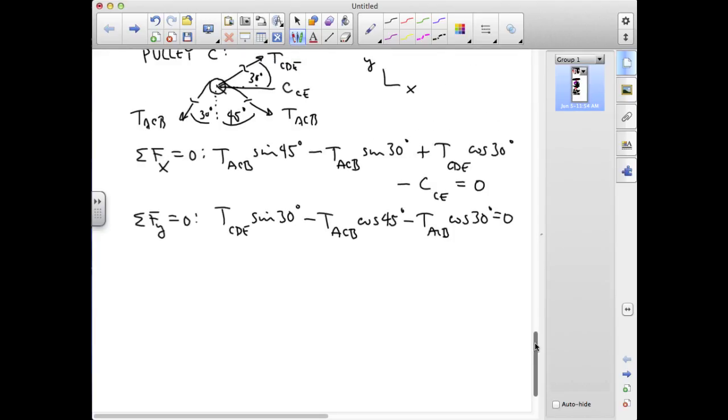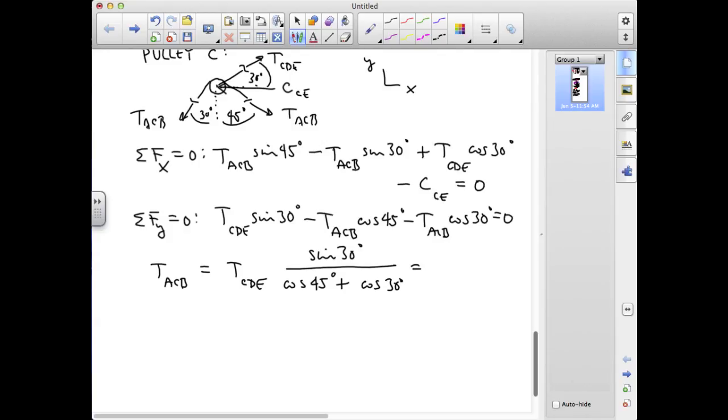I can actually solve the second equation first, because I can write that T_ACB is going to be equal to the tension in CDE times the ratio of the sine of 30 degrees to the sum of cosine 45 plus cosine of 30.